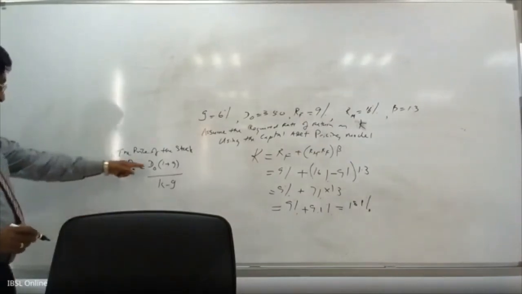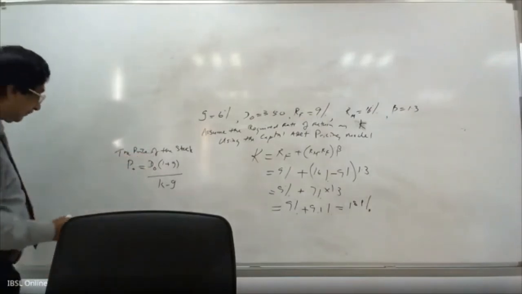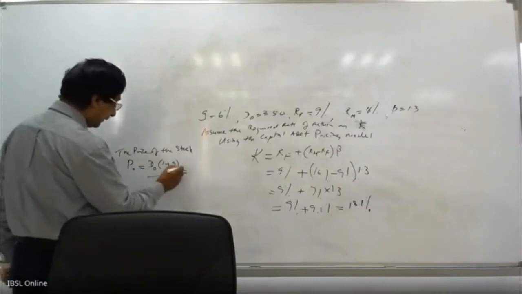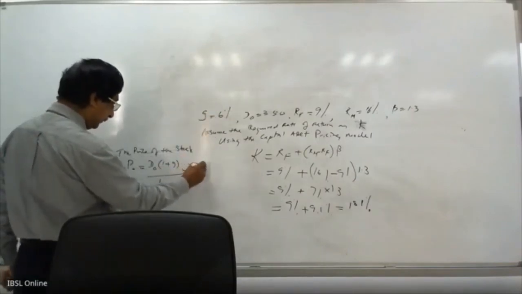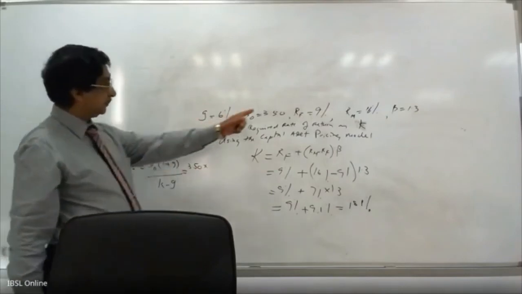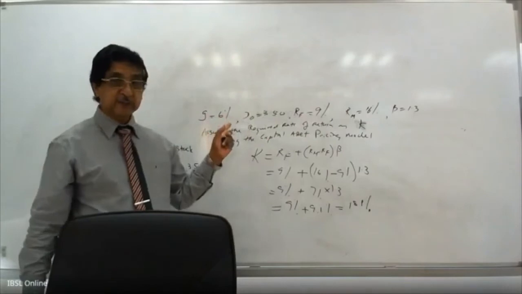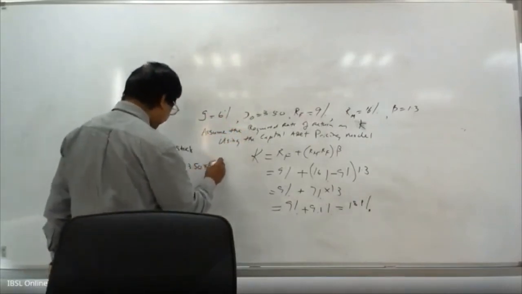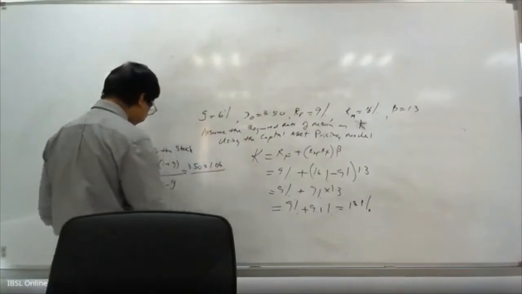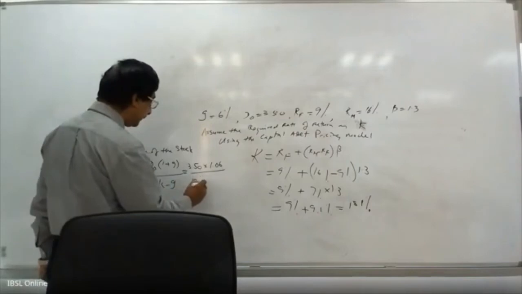Now here we can apply what is available. D0 is 350. 1 plus G, G is 6%. 6% is 0.06. So 350 into 1.06 divided by K minus G. K is 18.1.